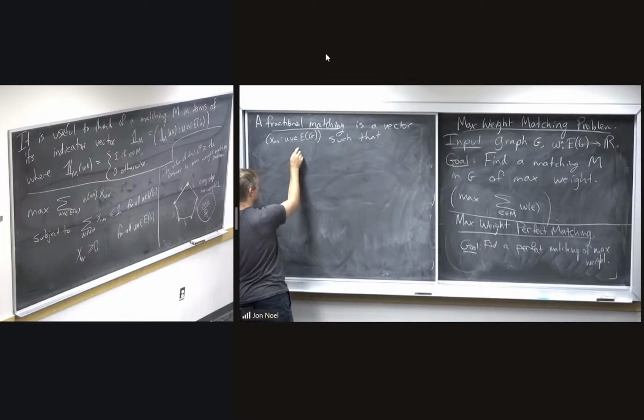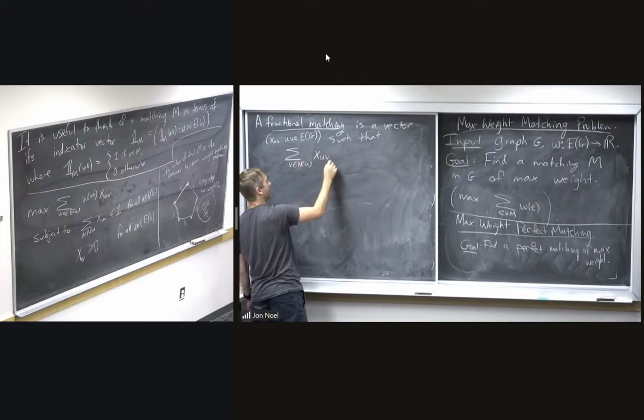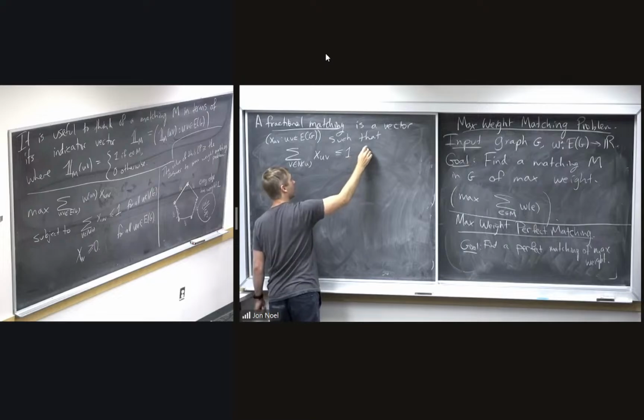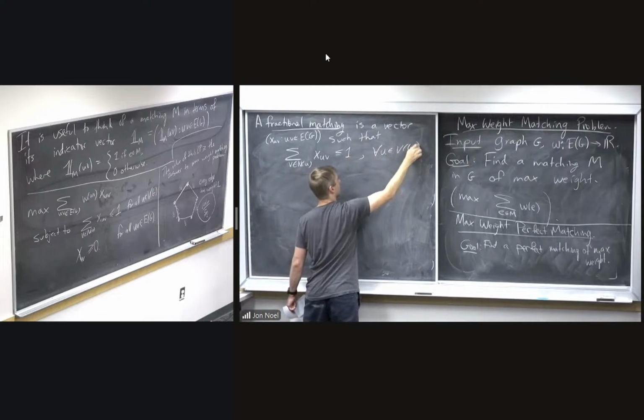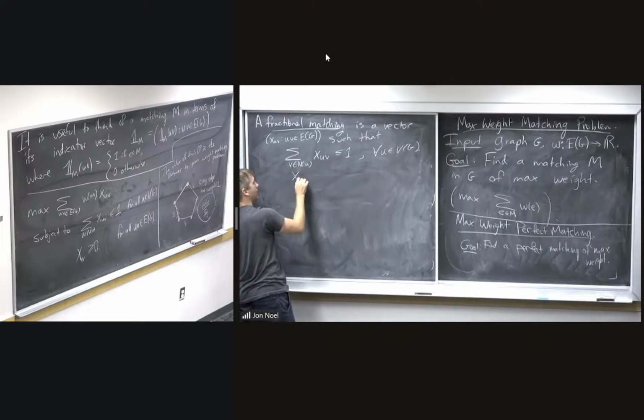So the sum over all vertices v in the neighborhood of u of x_uv is at most 1 for all vertices in the graph, and all of the variables are at least 0.